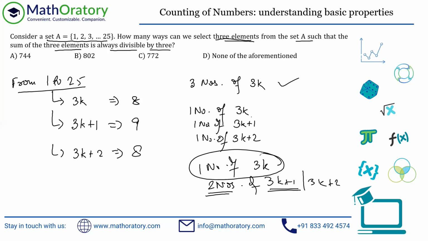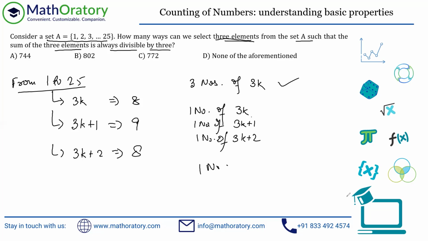That will leave a remainder of 2. Similarly, if you add 2 numbers of 3K plus 2 type, that will be 3K plus 4, right? And 4 divided by 3 leaves a remainder of 1. So it is leaving a remainder. Forget about what the remainder is, but it is not a multiple of 3. Focus on that part. So effectively, with one number of 3K taken, you have to take one number of type 3K plus 1 and one number of type 3K plus 2. So this works, but this is what you have to do, right?